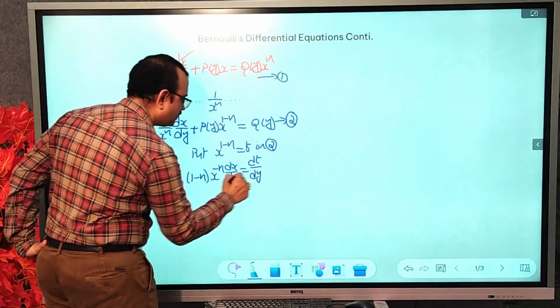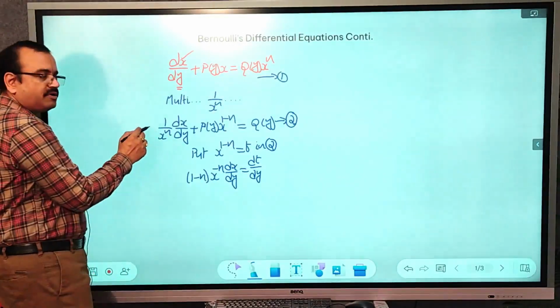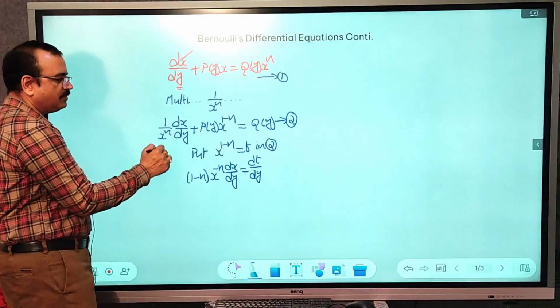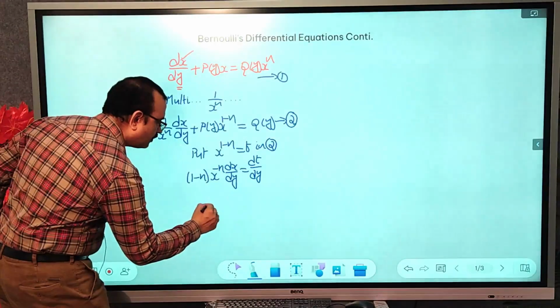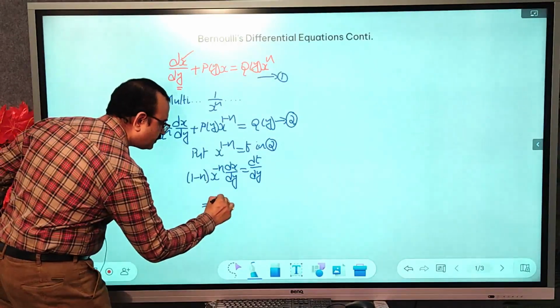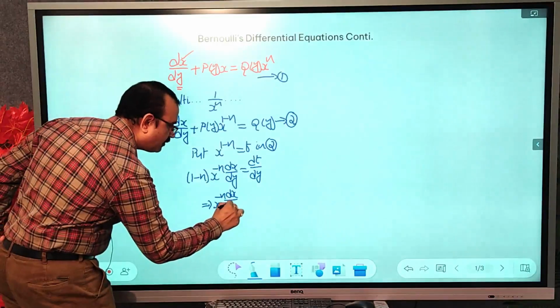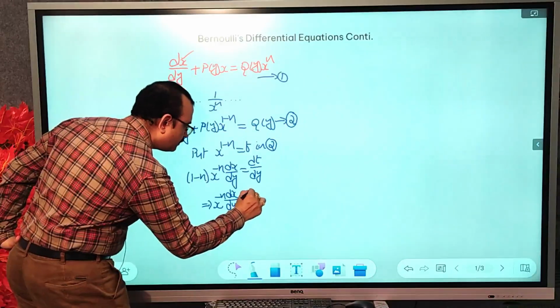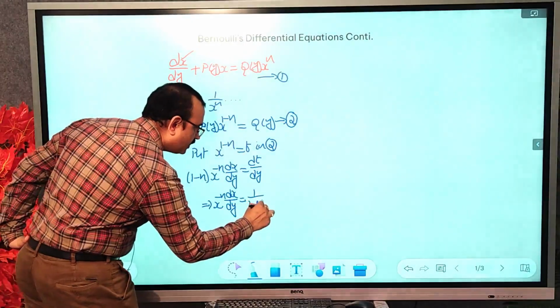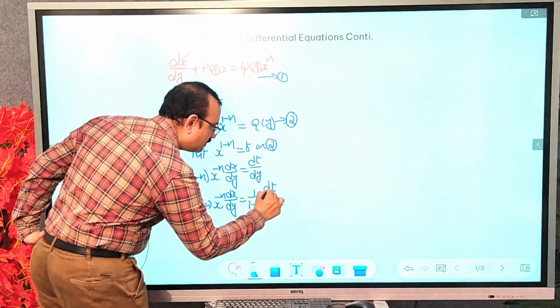Otherwise here what we need is x power minus n into dx by dy only. So now we can write x power minus n into dx by dy is equal to 1 by 1 minus n into dt by dy.